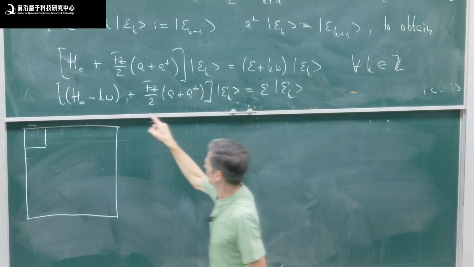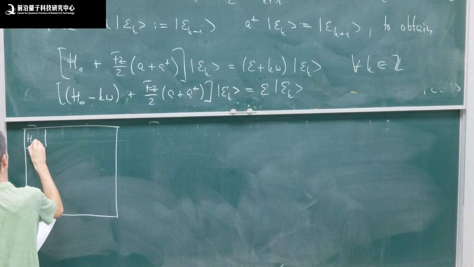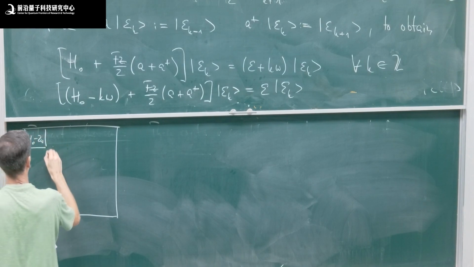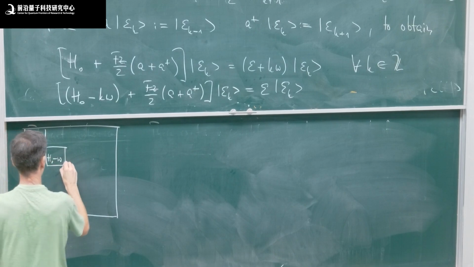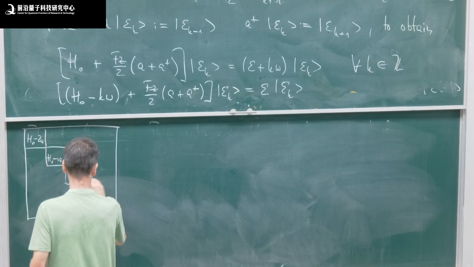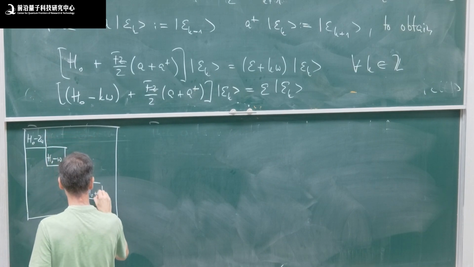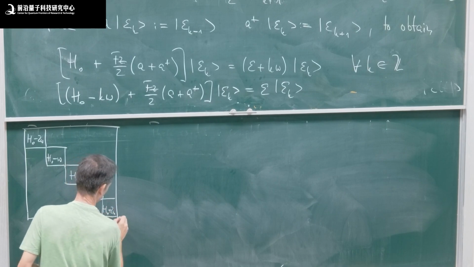So now you have on the diagonal H naught minus k omega. So for example, I put now H naught minus 2 omega, then H naught minus omega, H naught, H naught plus omega, H naught plus 2 omega, and so on, right?